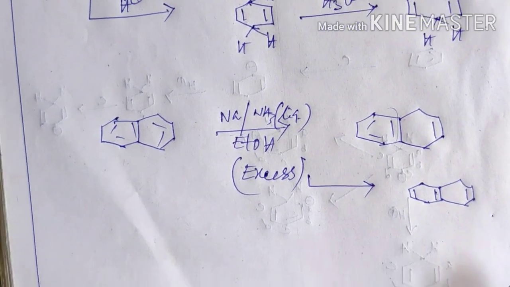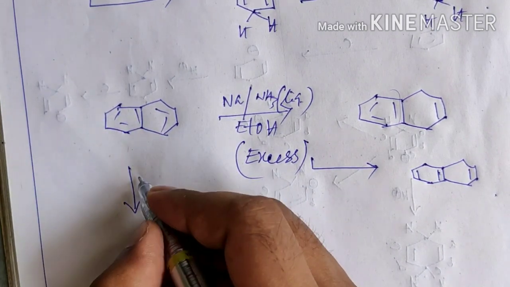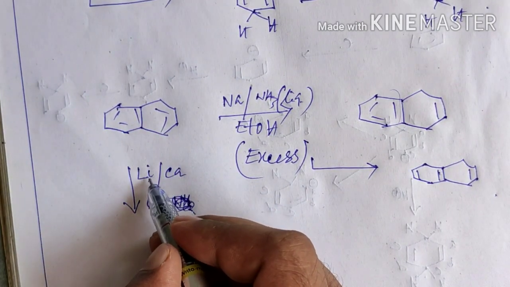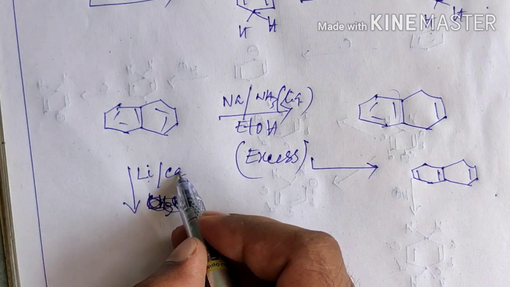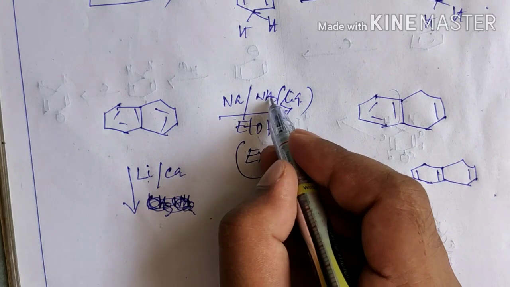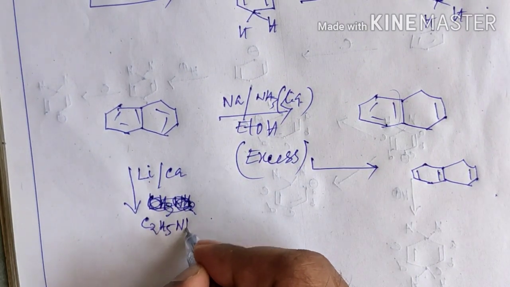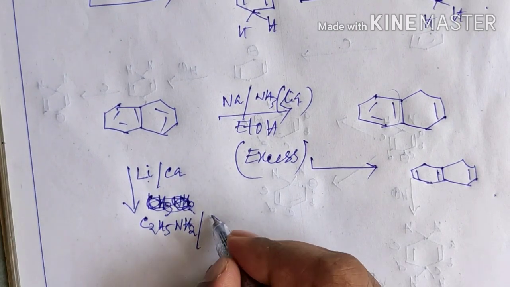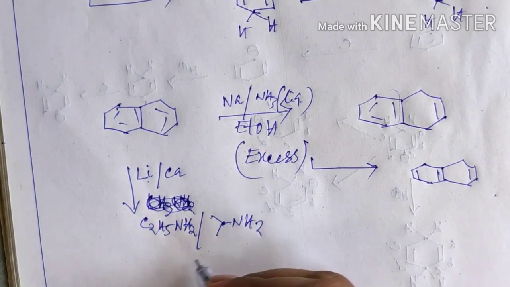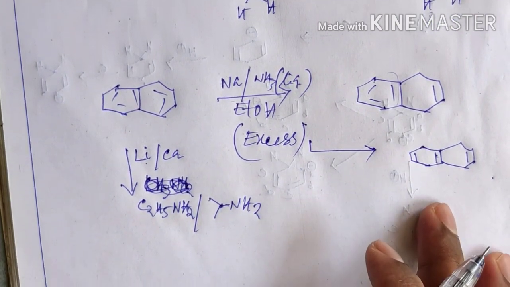Now there is a modification of this Birch reduction for the naphthalene system. Here the reducing agent is lithium metal or calcium metal. In addition to this, instead of ammonia, here ethylamine, a low molecular weight amine, or dimethylamine is used as a solvent as well as a proton source.